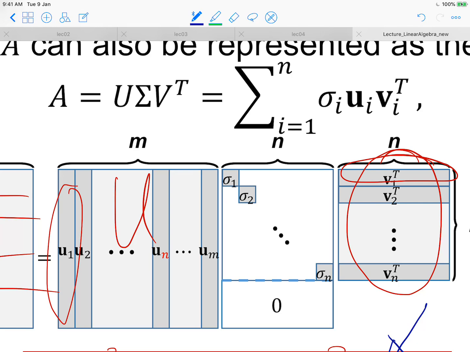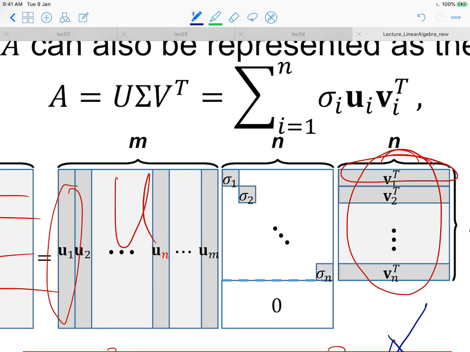Then if we have 30 non-zero singular values, the first 30 orthonormal vectors will be the orthonormal basis for the column space of A. And then the remaining 70, which means we have 20 zero singular values, right?